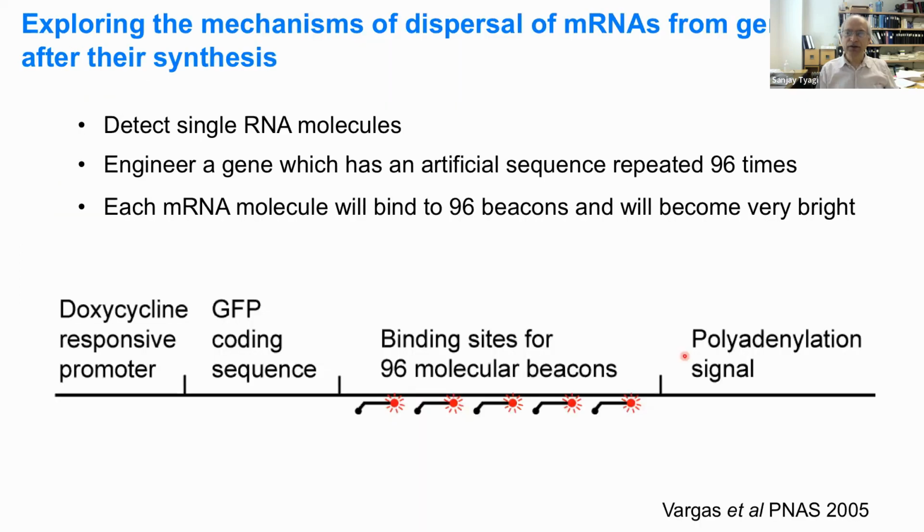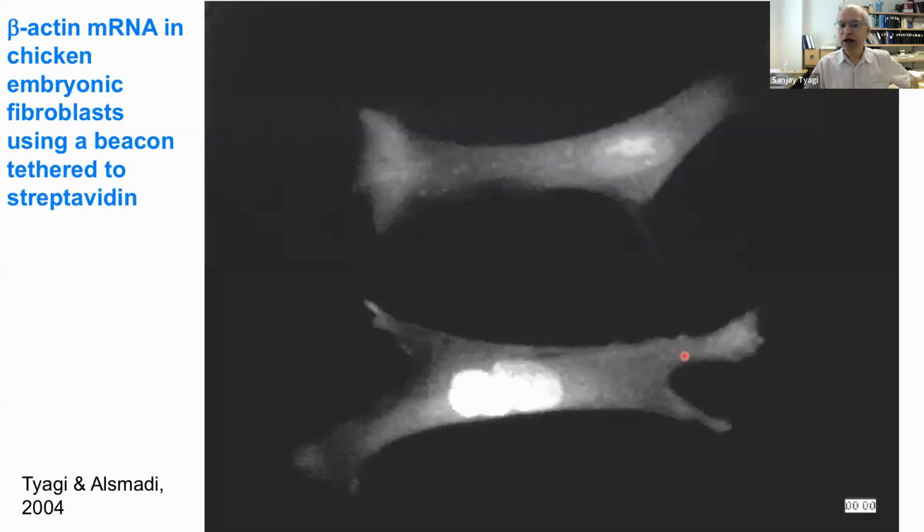So what we wanted to do was to study transport of RNA from the gene locus to the nuclear pores. And I pointed out to you this problem of beacons going into the nucleus and staying there.